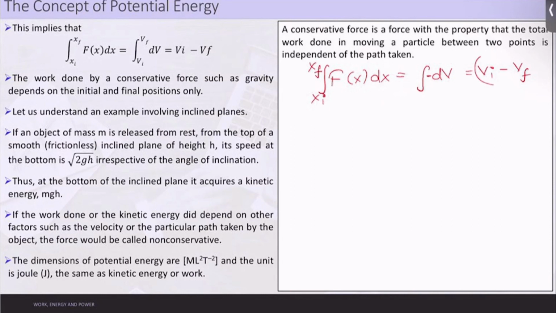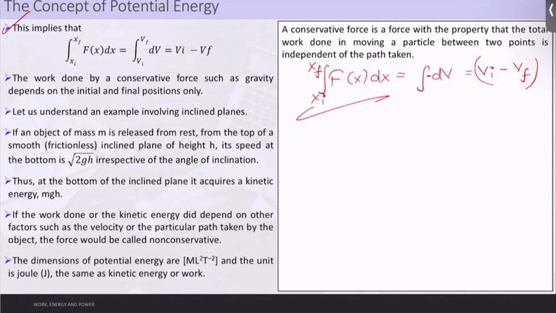Please remember it is not final minus initial, because there was a negative sign involved there. That's why it's initial minus final. So the change in potential energy is equal to the work done for moving from xi to xf. So the integration from xi to xf of F of x dx is equal to the integration from Vi to Vf of dV, which is equal to Vi minus Vf.